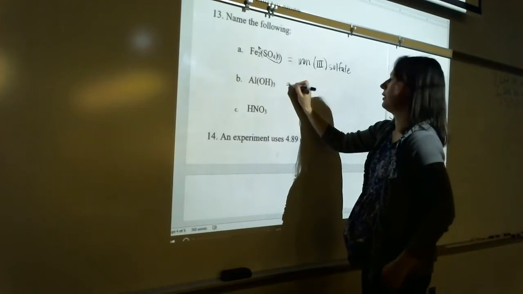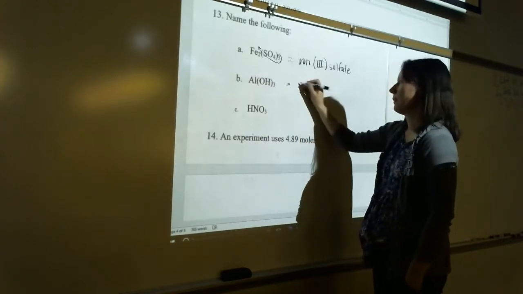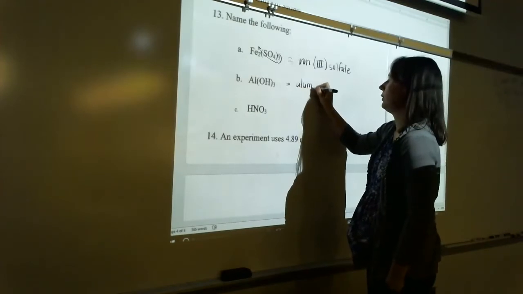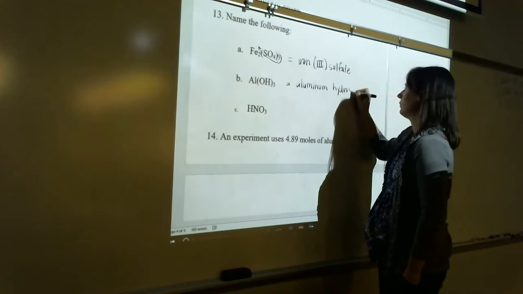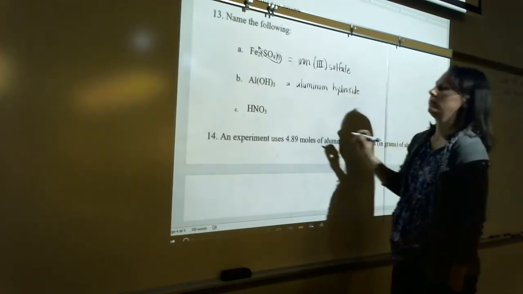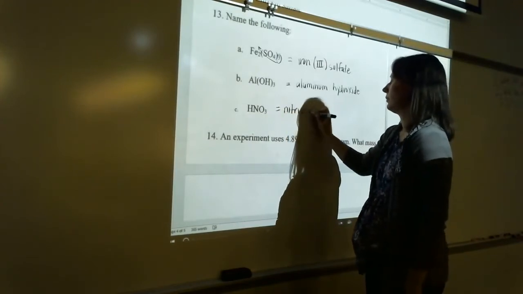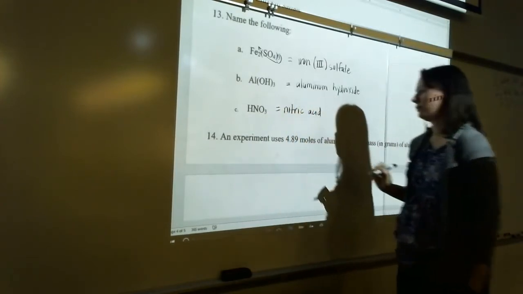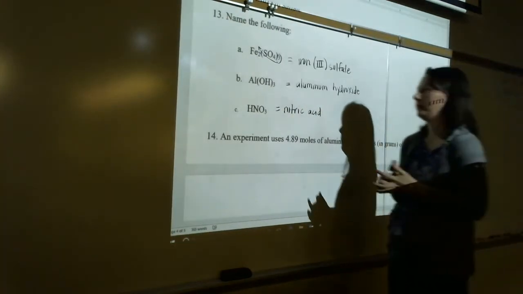What's the name of B? Good. Aluminum hydroxide. And what's the name of C? Nitric acid. Good. All right, questions on 13.